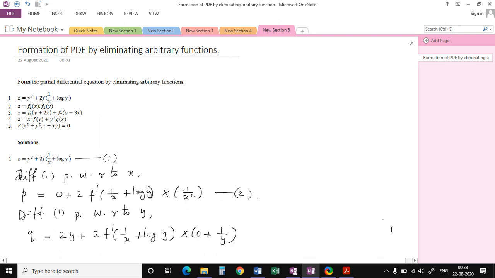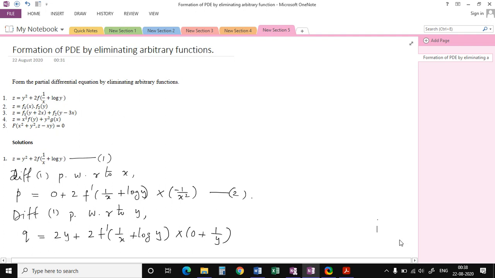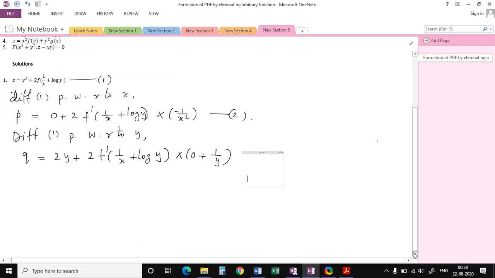So now we can rearrange this function. The second equation this way, we can write this as q minus 2y equal to 2 into f dash of 1 by x plus log y multiplied by 1 by y. This is equation number 3.